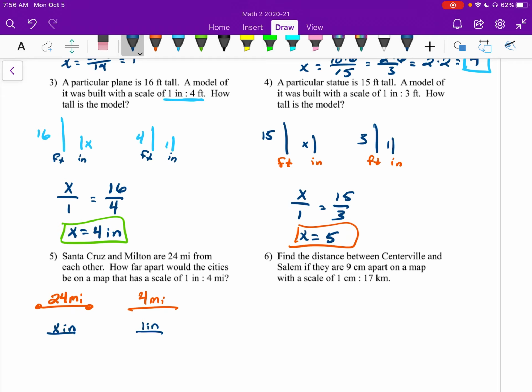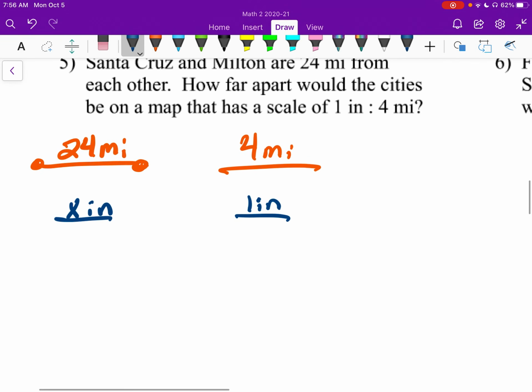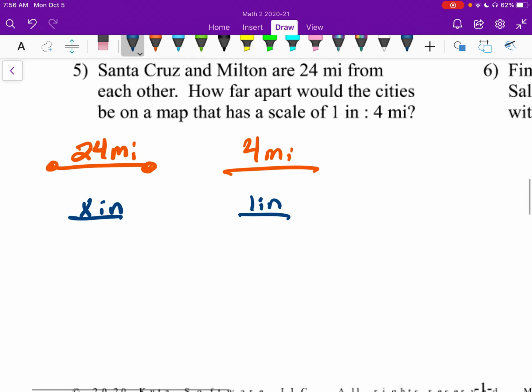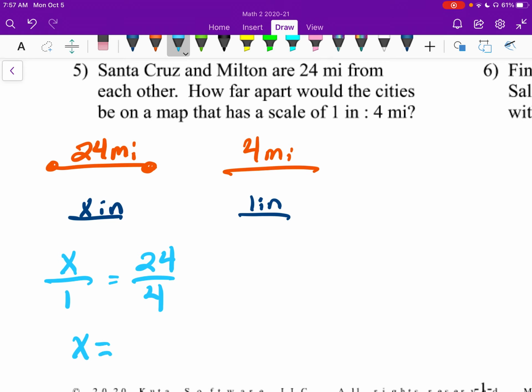But the two different types of problems here, the model problems and the map problems, are very similar. All right, so to write my proportion, I'm going to take x inches over 1 inch equals 24 miles over 4 miles. So I just reduced that, and x equals, what's that going to be, 6? Yeah, 6. And we're talking about inches.